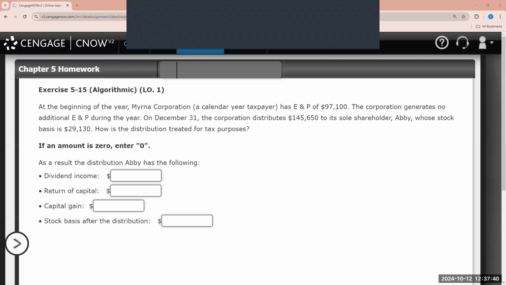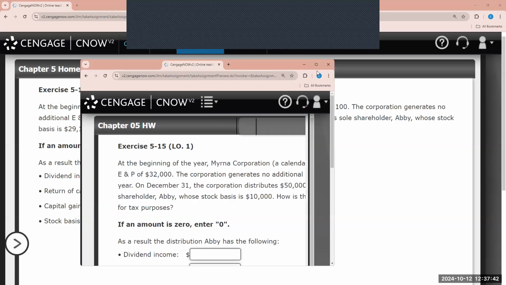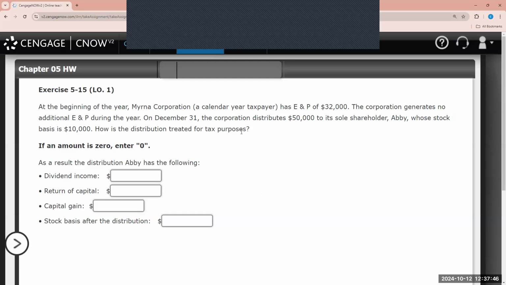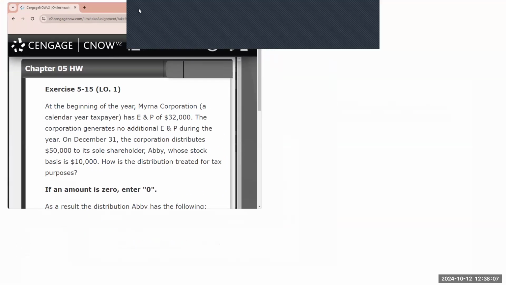For Abby, same fact pattern, we're dealing with Myrna, but in this case, the earnings and profits are $32,000. The corporation generates no additional E&P. On December 31st, they distribute $50,000 to the sole shareholder, and Abby has a stock basis of $10,000. So we have an Excel spreadsheet, and we'll work along it side by side.